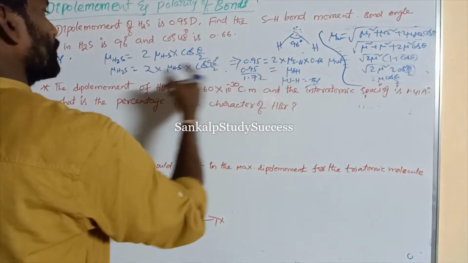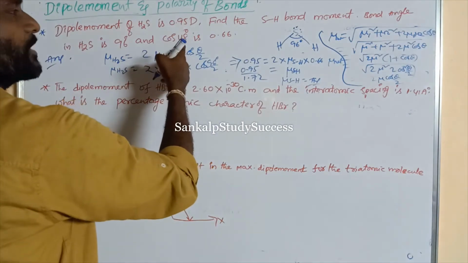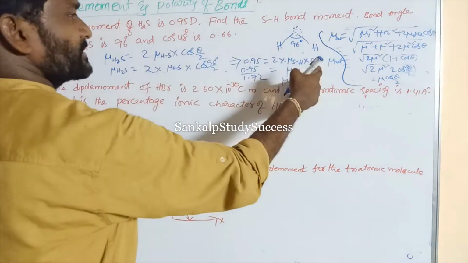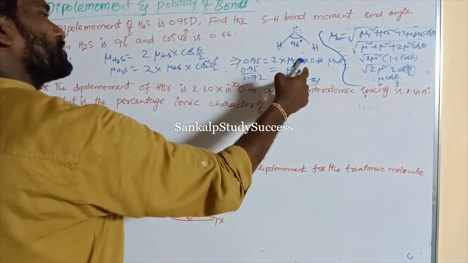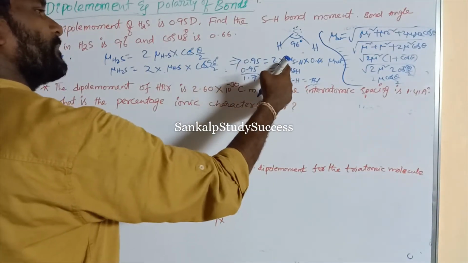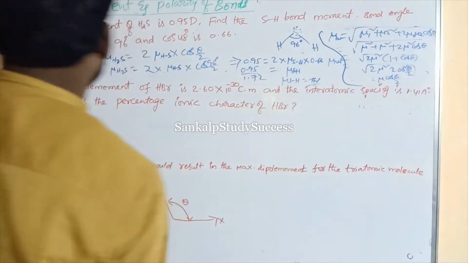So 0.95 is equal to 2 into mu HS into cos 48 degrees, and its value is 0.66. Finally, mu SH is equal to 0.95 by 1.72. If it is simplified, we got the answer, right?